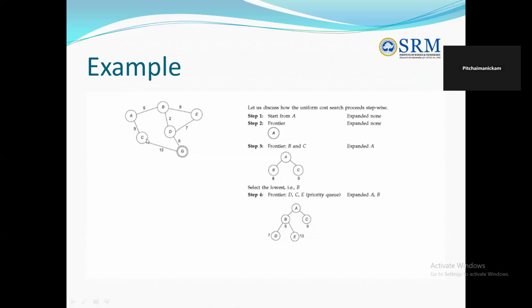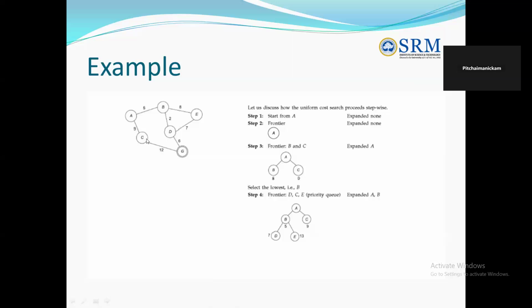And here, how should the uniform cost search process start? So how are we going to do this? This is our first question. In the first step, we start from this graph. You identify which node is the initial node and which one is the final node. A is the initial node and G is the final node.